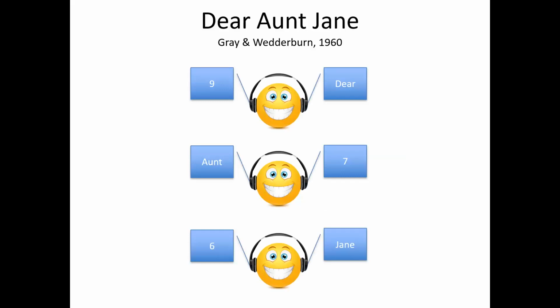These participants were only asked to listen to their left ear, this left ear here. And they should hear Dear 7 Jane, right? That's what the participants should hear, but they don't. They overwhelmingly reported that they heard Dear Aunt Jane, even though these are being given to them in the unattended ear.